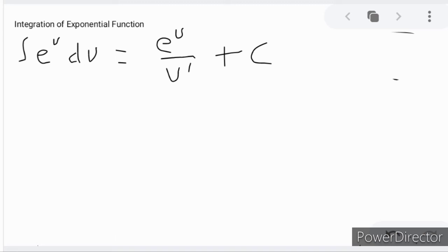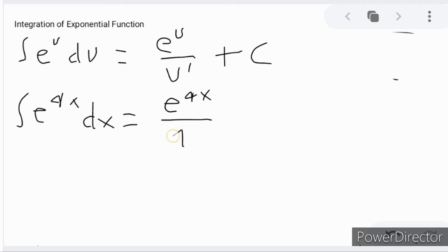So, let's have an example. Let's say we have e raised to 4x dx. So, just simply copy e raised to 4x, then the derivative of 4x is 4 plus c. Then, this is our answer.